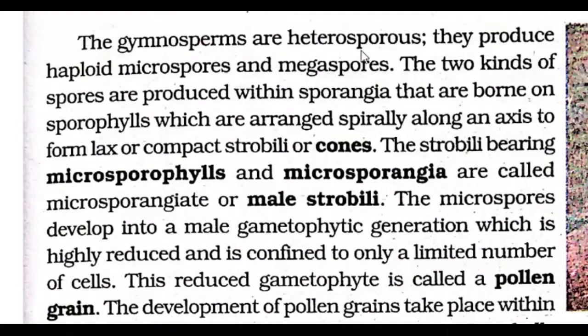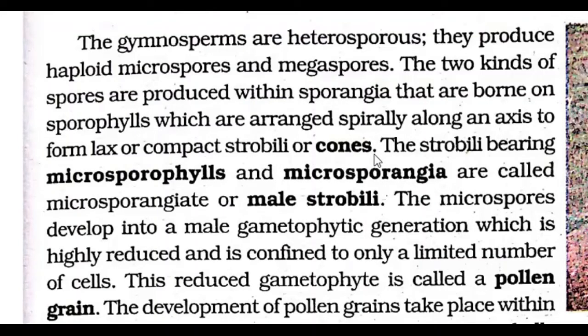The gymnosperms are heterosporous. That means they produce haploid microspores and megaspores. The two kinds of spores are produced within sporangia that are borne on sporophylls, which are arranged spirally along an axis to form lax, meaning loose, or compact strobili or cones.